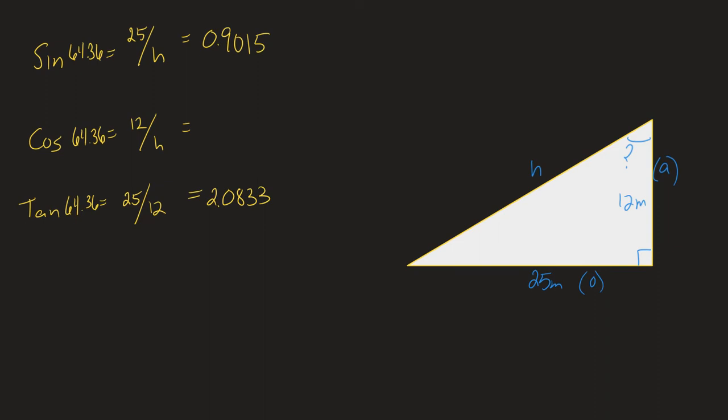Cosine of 64.36 is 0.4327. I'm computing all of the remaining trig functions and finding all of the ratios. So I now have the remaining two ratios.